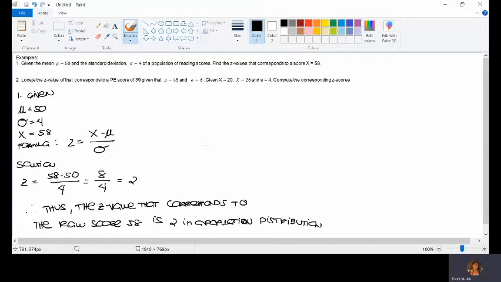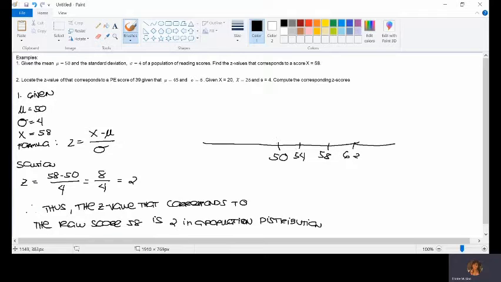So let's draw this graphically so you can better understand. So what's your mean? That is 50. What's your standard deviation? That's 4. So 54, 58, then 62.